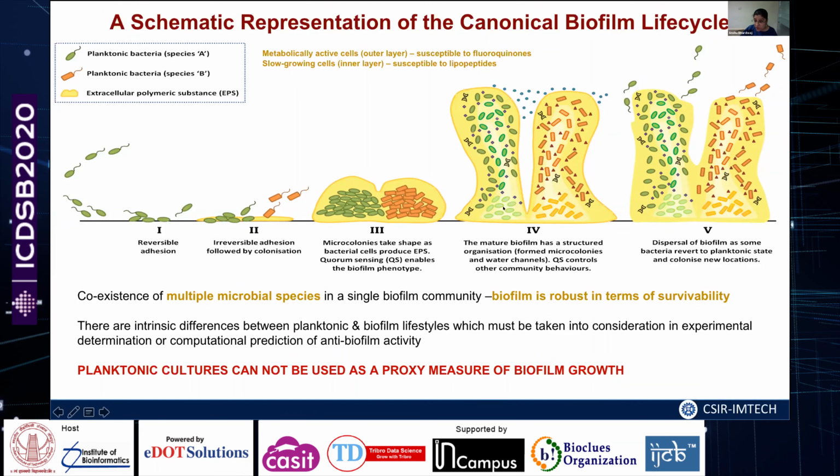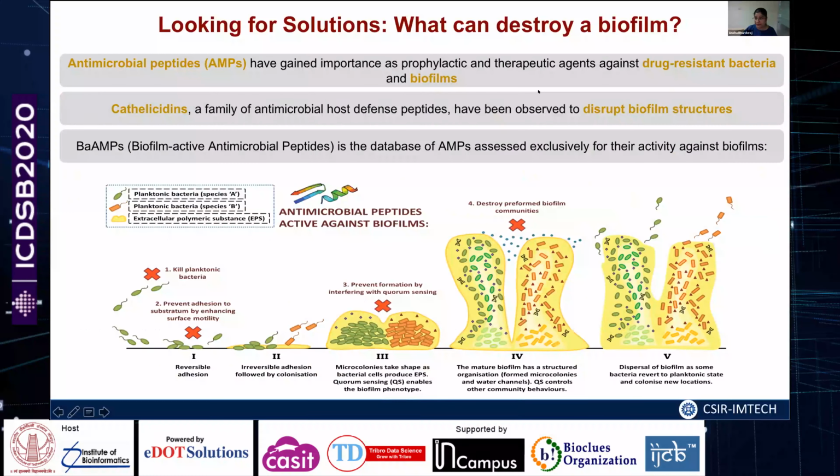So even in a biofilm, it's like an entire ecosystem in itself. If you see here, the metabolically active cells are susceptible to fluoroquinolones, whereas the slow-growing cells are susceptible to lipopeptides. So the susceptibility of these cells as you go from the center outwards is not the same.